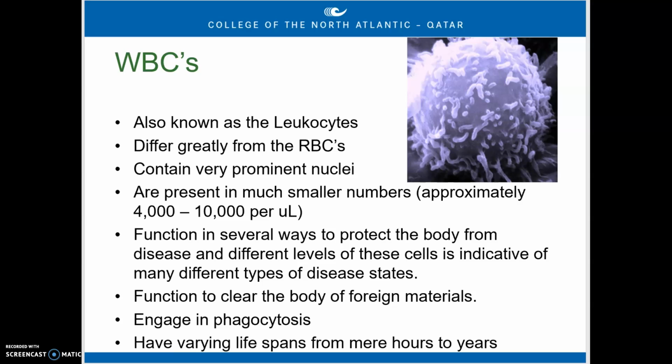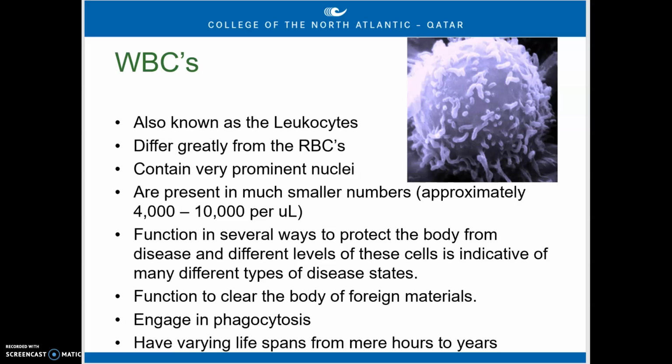White blood cells function in a lot of different ways to help protect the body and fight disease or infection. That's the main function for white blood cells, our immune system. They function to clear the body of foreign materials, so anything that gets in the body that shouldn't be in there, the body recognizes that it's not itself, and the white blood cells will go after it immediately.